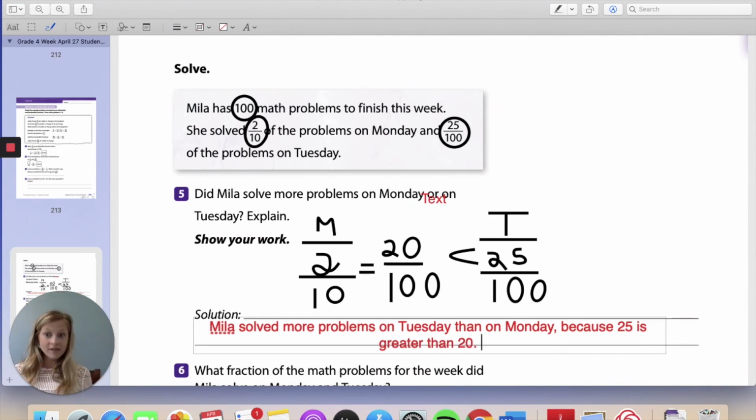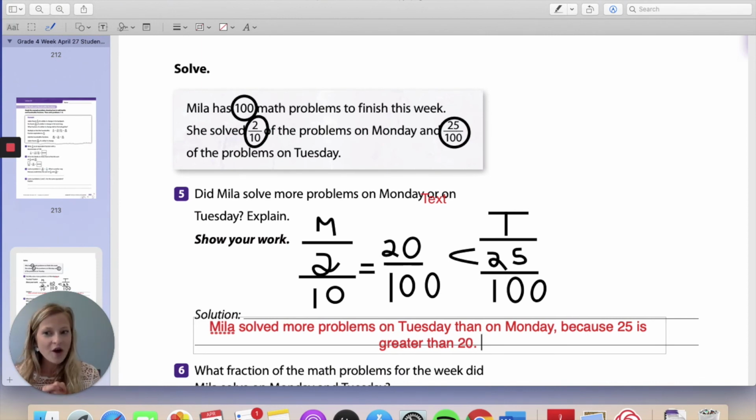Now you might have a different explanation, or you might want to explain how you took 2/10 and made it into 20 hundredths, and that is great. Remember, we always want to explain our thinking and show our work. So that is just a quick little review on solving a problem where we have tenths and hundredths.